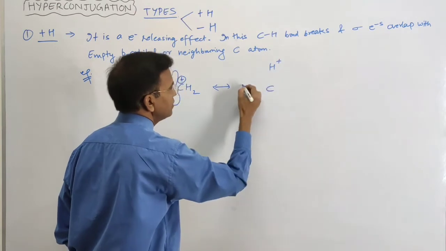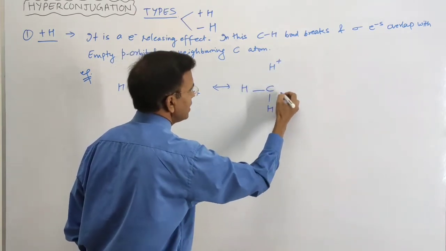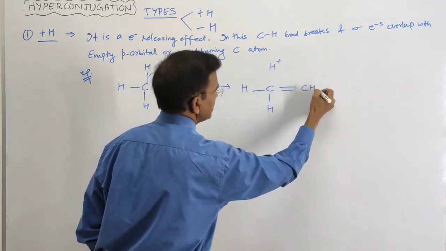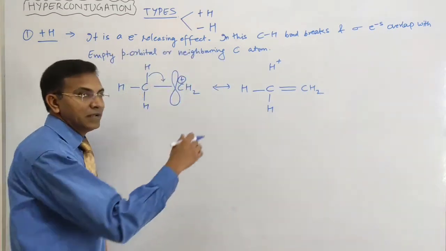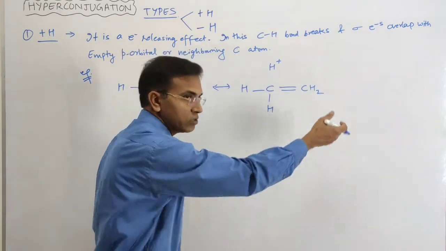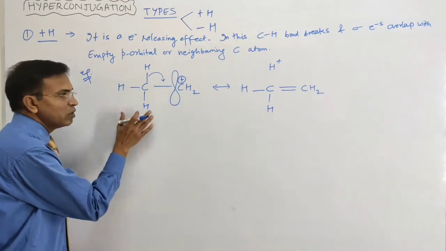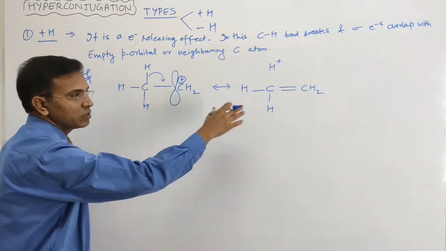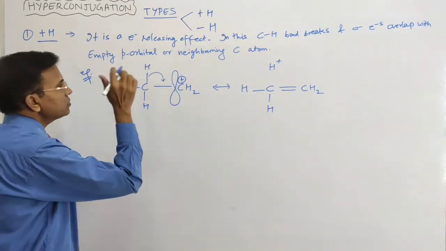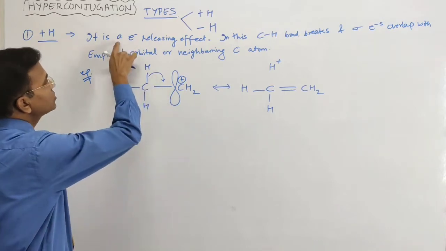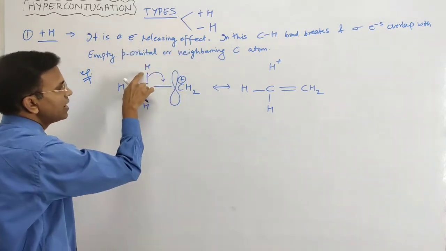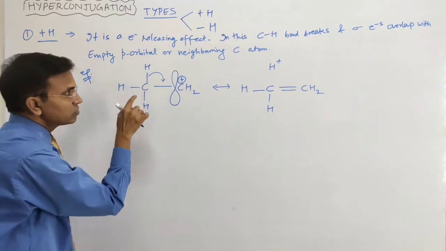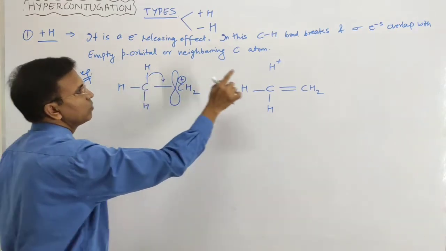It becomes positive, and here is hydrogen, hydrogen. The next resonating structures also exist, but here I am going to only explain, that's why I am not making them. So here is the electron releasing effect. Hydrogen is releasing the electrons and gets a positive charge.